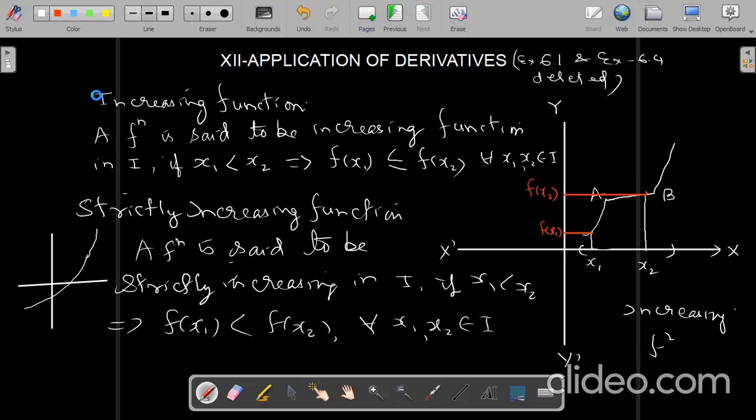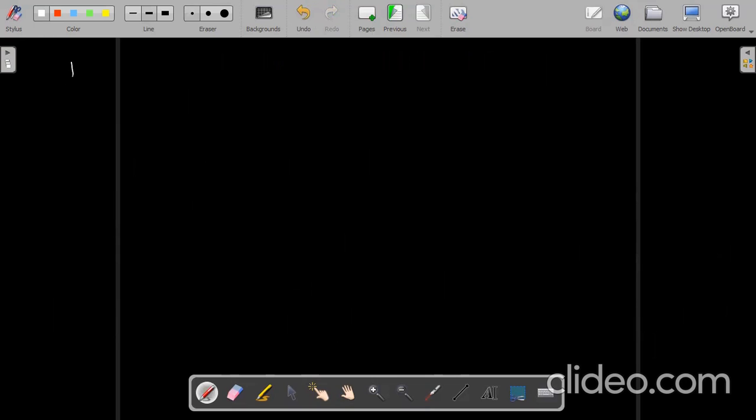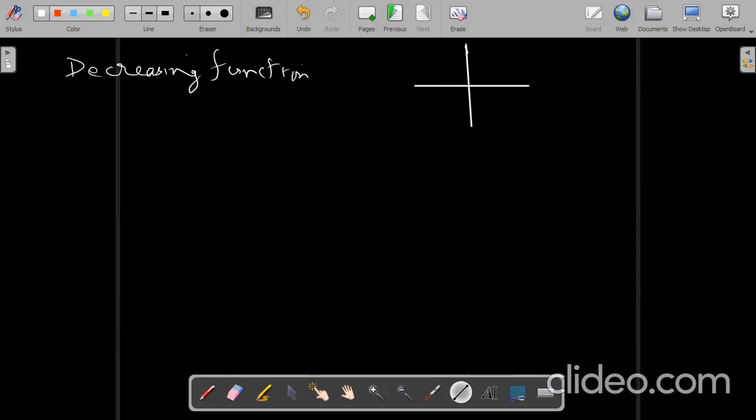If it is a decreasing function, similarly, there are two types of decreasing functions. A decreasing function which is not strictly decreasing can have the graph like this. A decreasing function will have the graph like this.